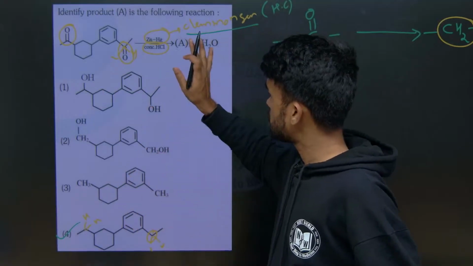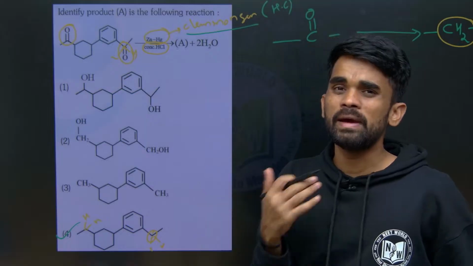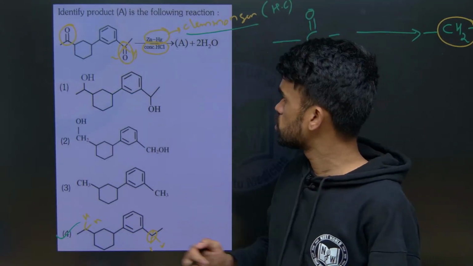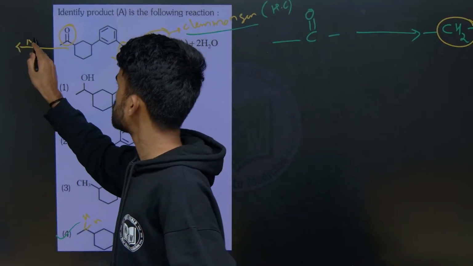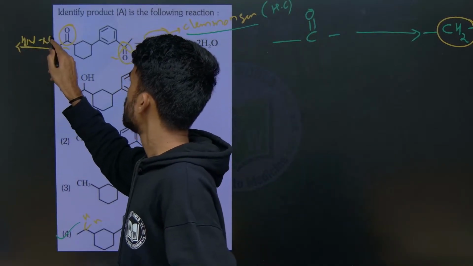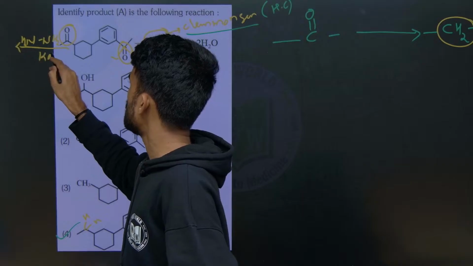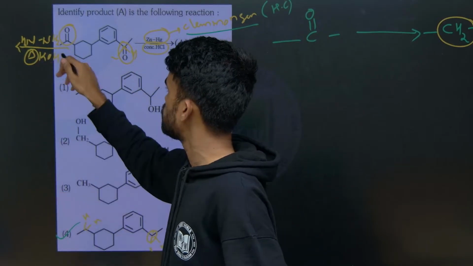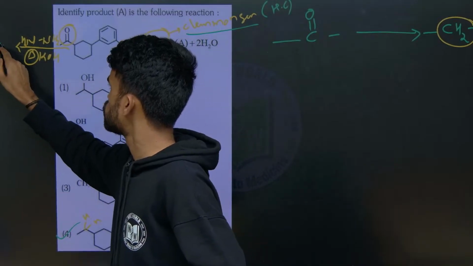Now, if we want to do the same process in basic medium, we need to use the Wolff-Kishner reduction, where we use hydrazine NH2NH2 and KOH, basic condition, under heating. The same process happens: the CO group converts into a CH2 group.